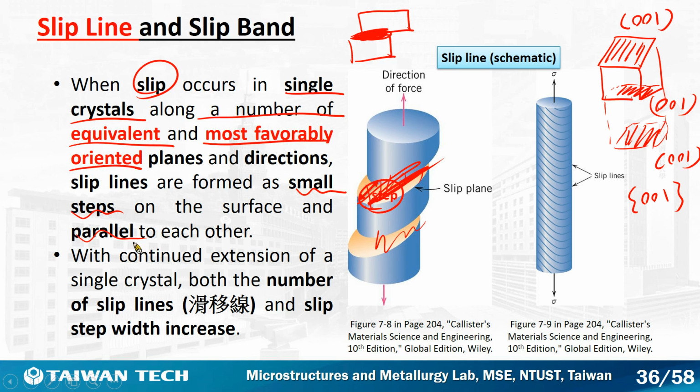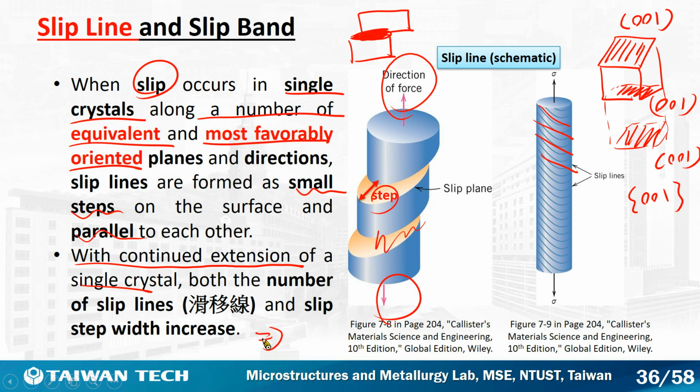Okay, so with the continued extension of a single crystal, that is, we use increasing stress, we will see the number of these lines increase and also the step here will increase too. So both of these two can cause the elongation to increase. Okay.